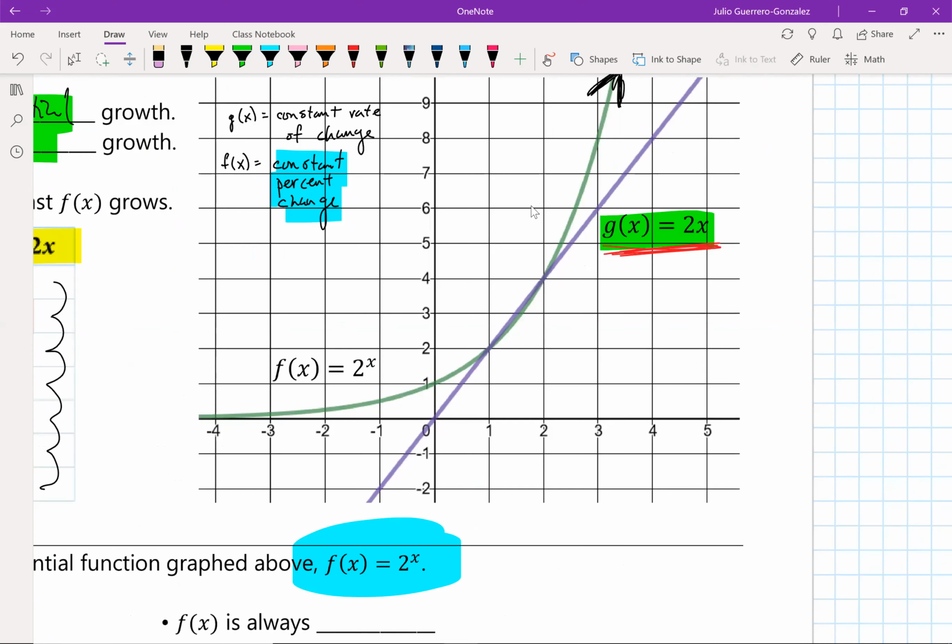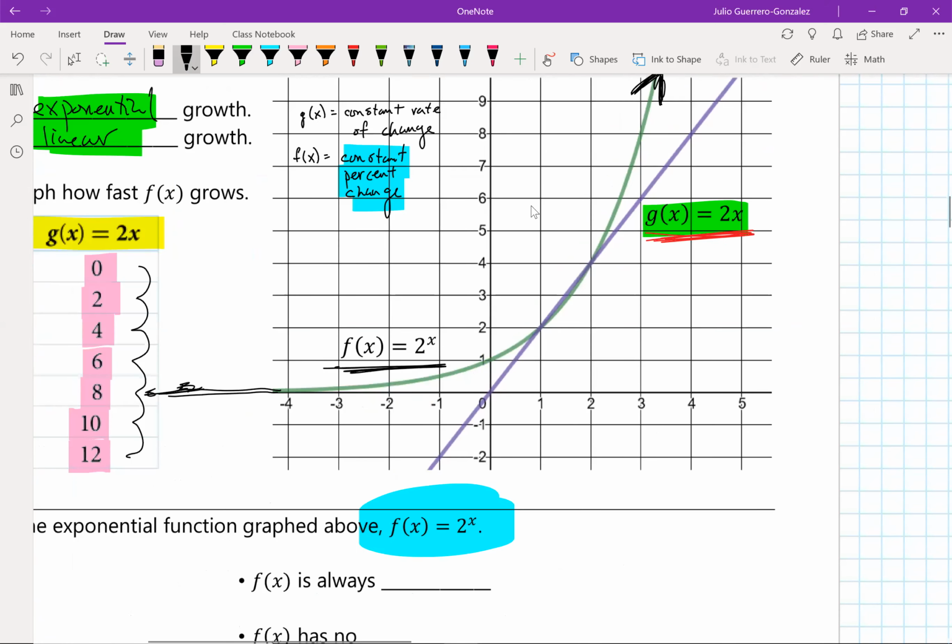The graph for f of x equals 2 to the x just keeps going that way. It gets really, really close to the x-axis, but it never crosses it. It can never drop down, at least this function will not drop down below 0.